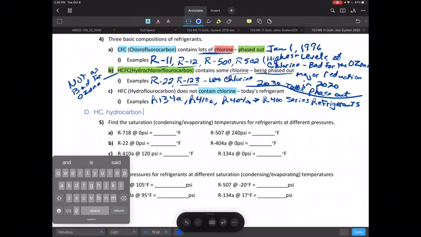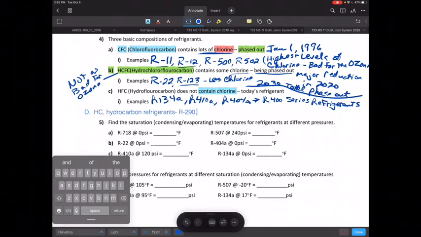Hydrocarbon refrigerants are the types that we would normally use, and I'll give you some examples, and you might actually recognize some of these. One of the hydrocarbon refrigerants is R-290. Now, you might say, how in the world would I ever know what R-290 is?